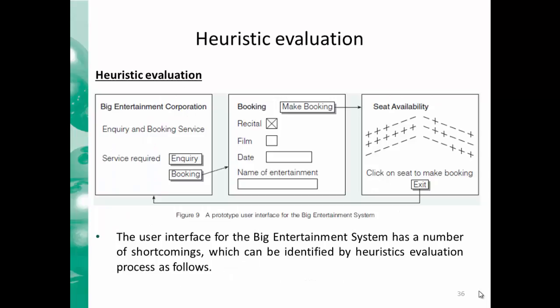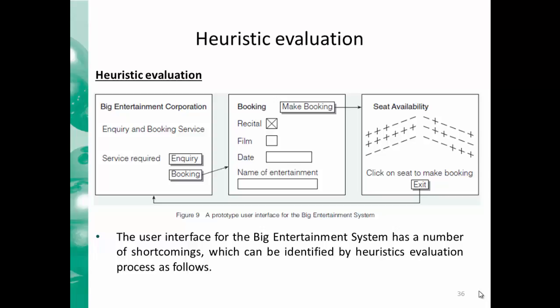For example, from the first look at this interface, you find that you don't have an exit button in all windows. You find it only in the last window. It means if you want to exit from this interface, you have to go from one window to another until you reach the last window, and then you will be able to exit. For example, look at the booking and make booking buttons in the first and second screen.